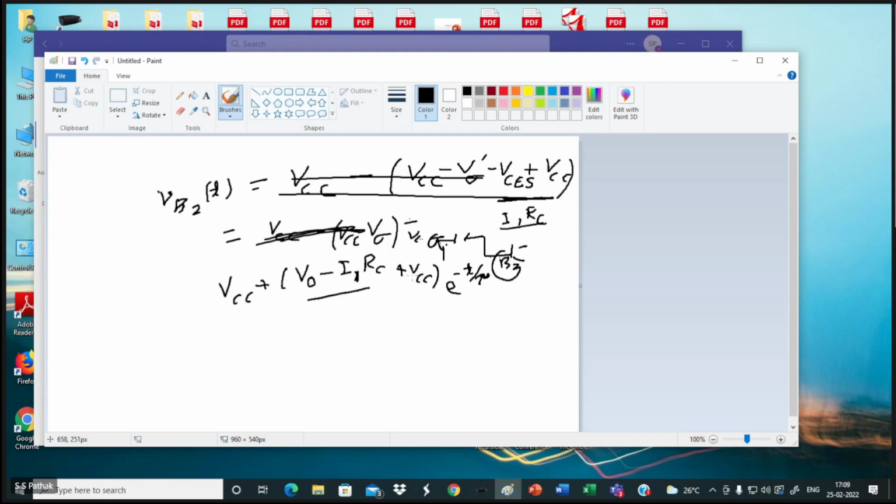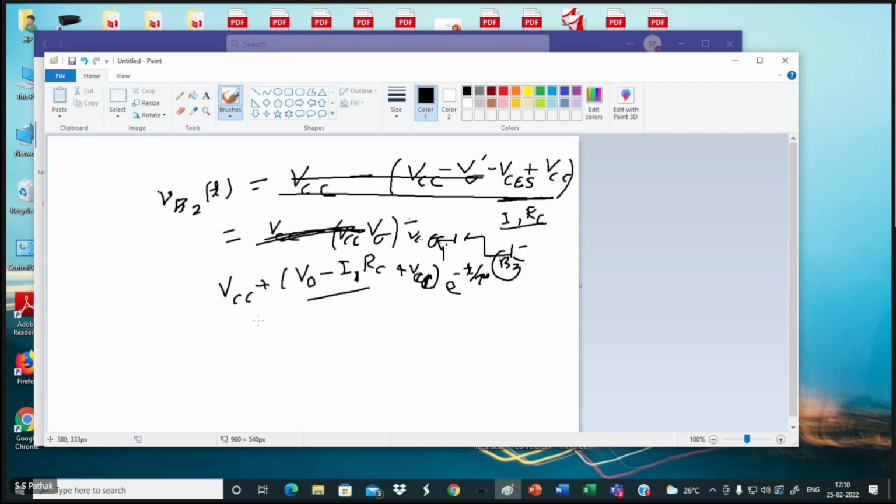What's the VC? This is VC1 rather. V0 minus IRC. I1RC. V2F is how much? Is it not VCC? Is it VCC only? It is VCC only. So this is VCC. It's okay.